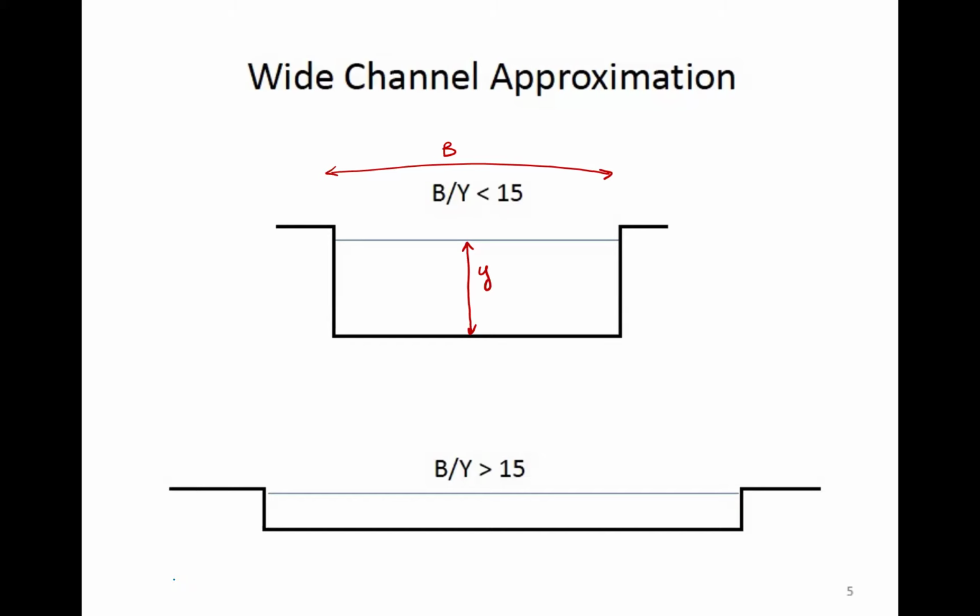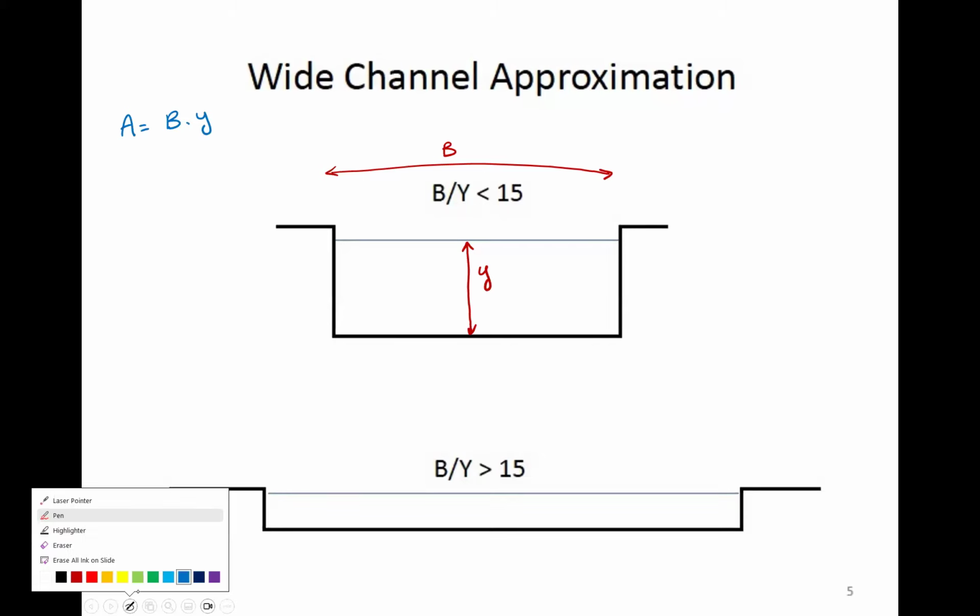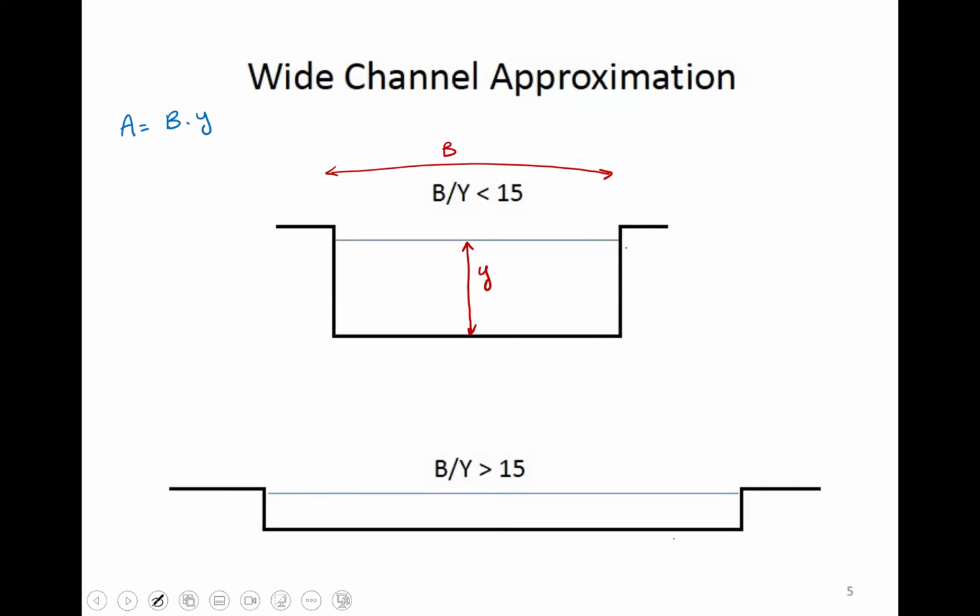So for a rectangular channel, if you remember, the area A is simply B times Y, nothing too complicated. The wetted perimeter, again, is something I discussed in the previous lecture, so if you have missed it, please go watch the video.